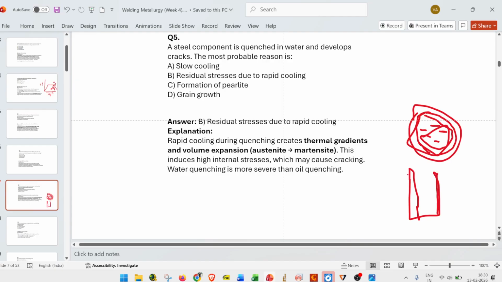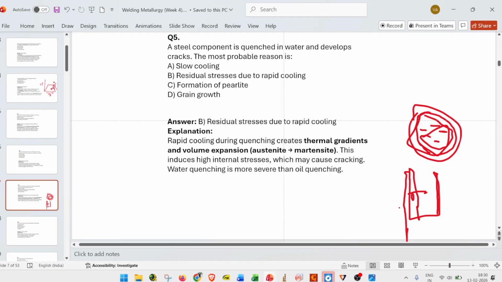In the nearby region, the cooling happens only through conduction, so it will be much slower compared to the surface region.